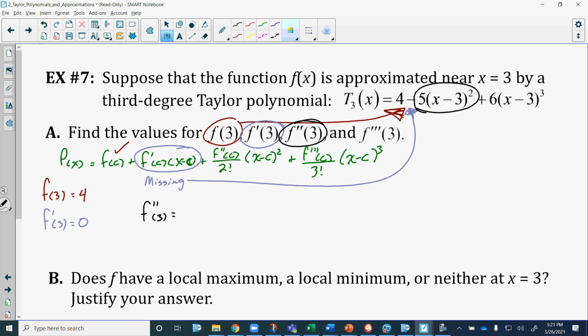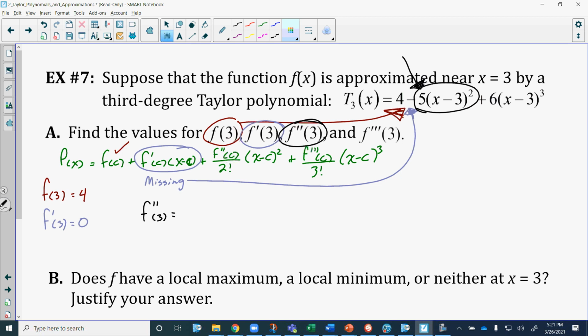Based on what we know for the second degree polynomial, all we're really concerned about is the number here, because obviously if I plug in a 0 to the parentheses, it goes to nothing.